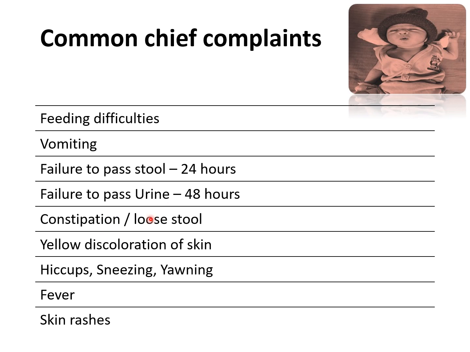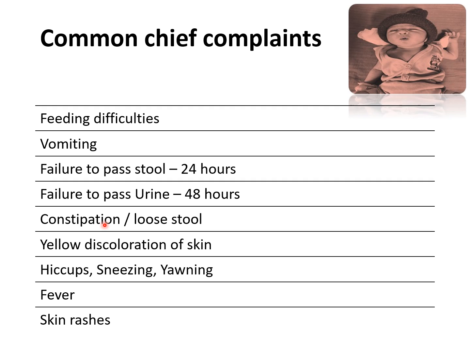Then sometimes constipation and loose stool. Again we have to reassure them, because newborn babies have different GI transit times. Sometimes they pass stool once in a week, which is also normal, and sometimes 10 to 12 times in a day, which is also normal.